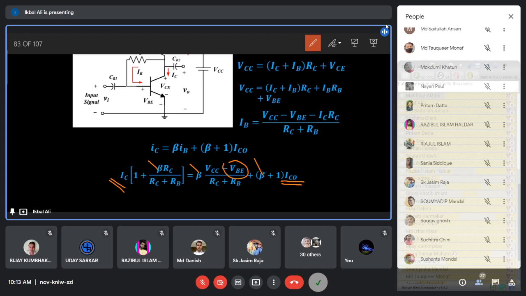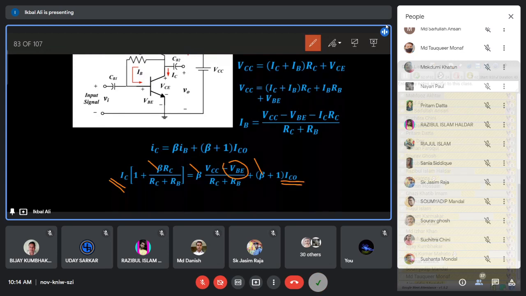We cannot control the temperature change. That means if the temperature of the transistor changes, then beta, VBE, and ICO will definitely change, because of the semiconductor material, the silicon material. You cannot control that. The transistor is made of NPN type of material, which is basically a silicon crystal.